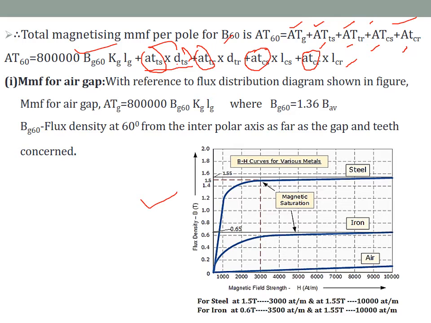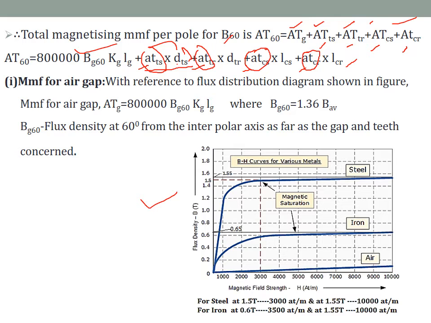You can see this is the flux density versus ampere turns chart. For the corresponding flux density, you will get the ampere turns. For the corresponding flux density in the stator teeth, we get ATts. In the rotor teeth, we get ATtr. In the stator core, we get ATcs. In the rotor core, we get ATcr.